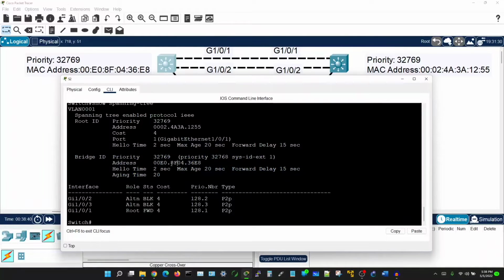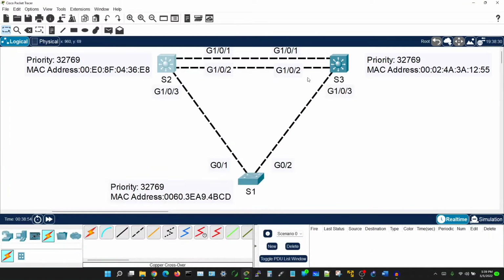This is our MAC address, so this is our device and the root information. By looking at this, let's see what happens. We know that this switch is the root.